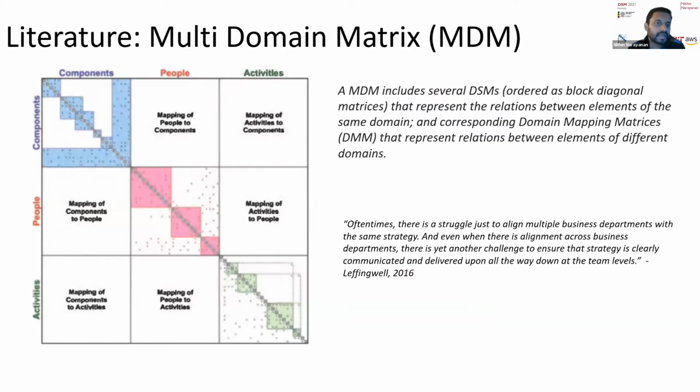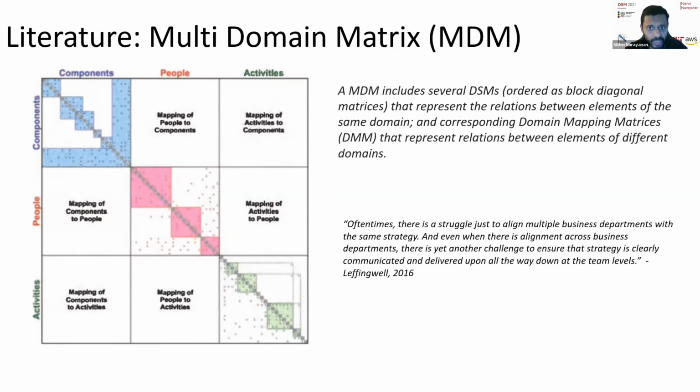It is a combination of various DSMs at the component, people, and activities level, which is the product, people, and process. And it looks at the interactions between these various aspects or domains to identify how they interact with each other and how well we can improve these processes.